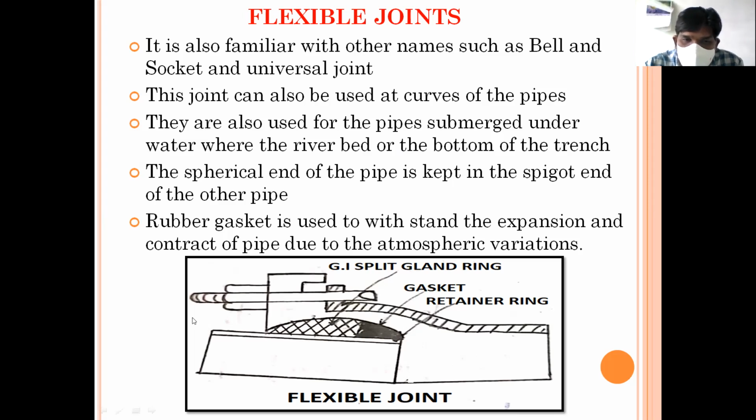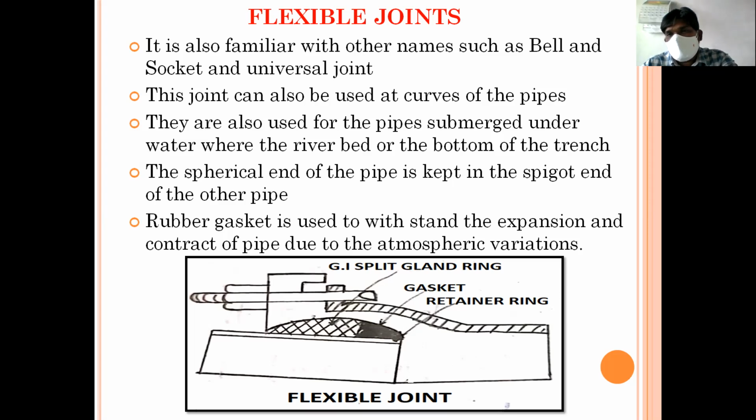See here, this is the bolt, and here, this is the rubber gasket, the retainer ring. The end of the pipe will be kept over here, and with the help of this bolt, the joint will be tightened. In the same way, the other end of the pipe is also kept here so that it will continue the flow.